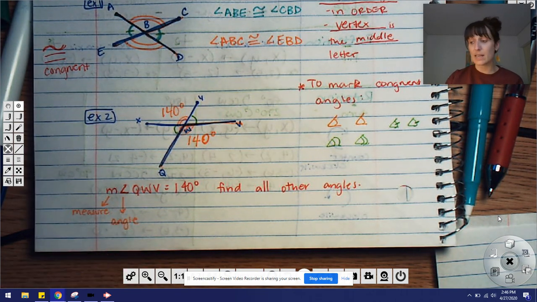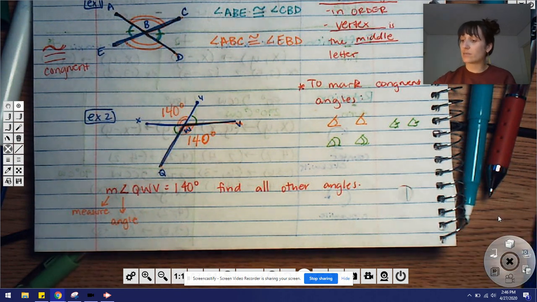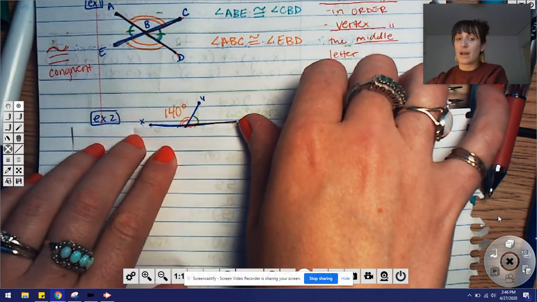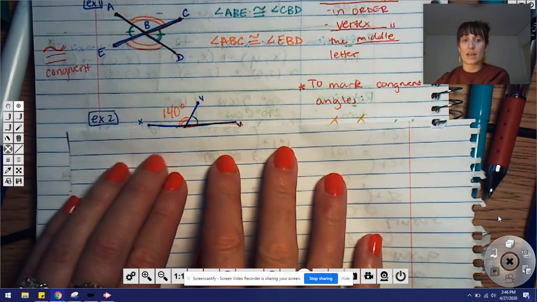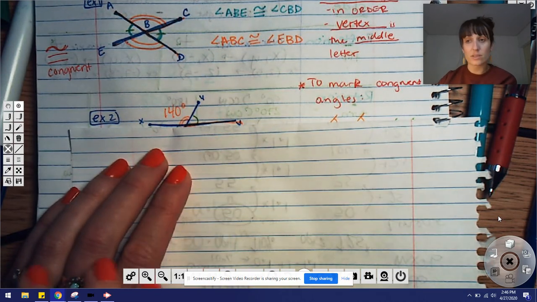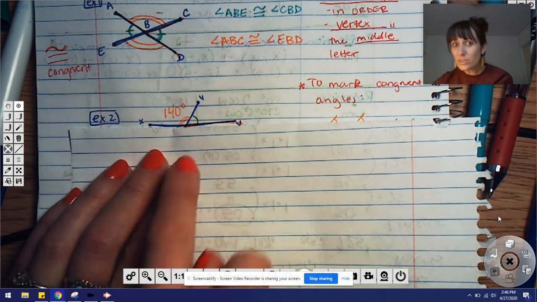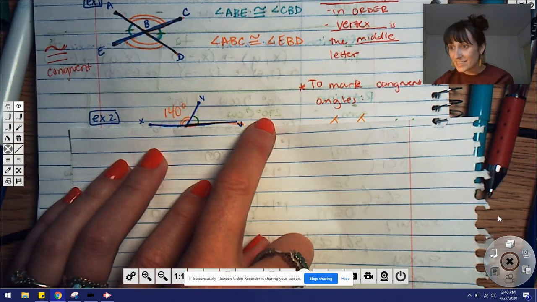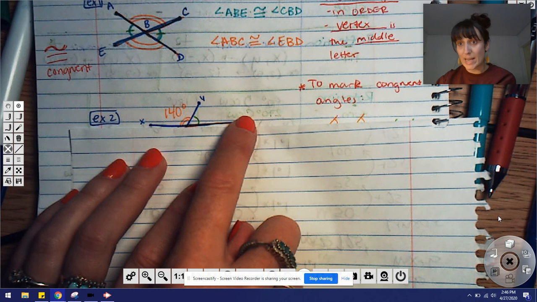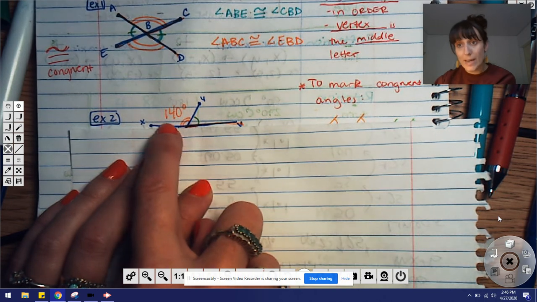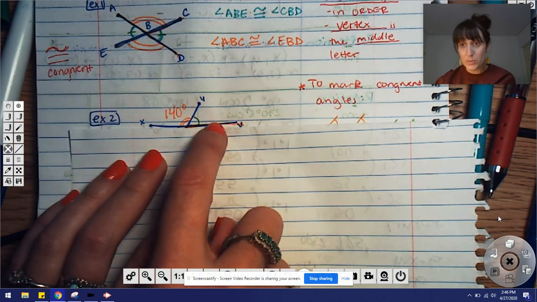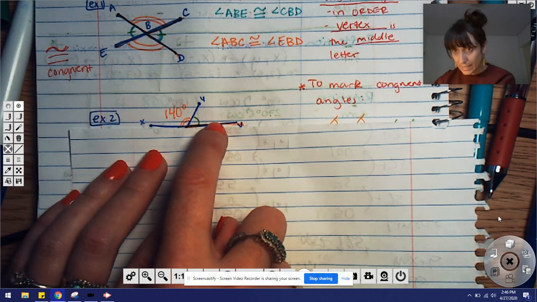Now I can take it all together though. Check this out. If I cover up the bottom half of the image and I just see these two angles, what do you notice about these? These are on a straight line. And we already know that straight lines are called straight angles. So they add up to 180.